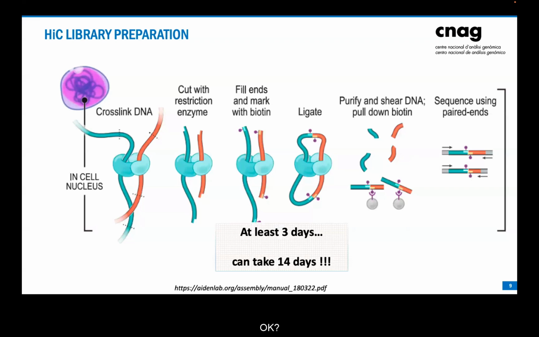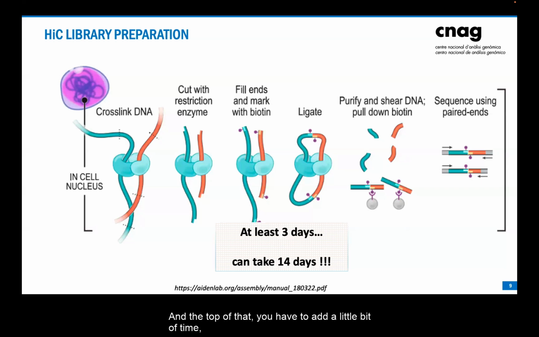The protocol, as you have seen, can take a minimum of 3 days and up to 14 days. Laura told me this before we started, and we already confirmed that you need a minimum of 3 days to do a HiC library.